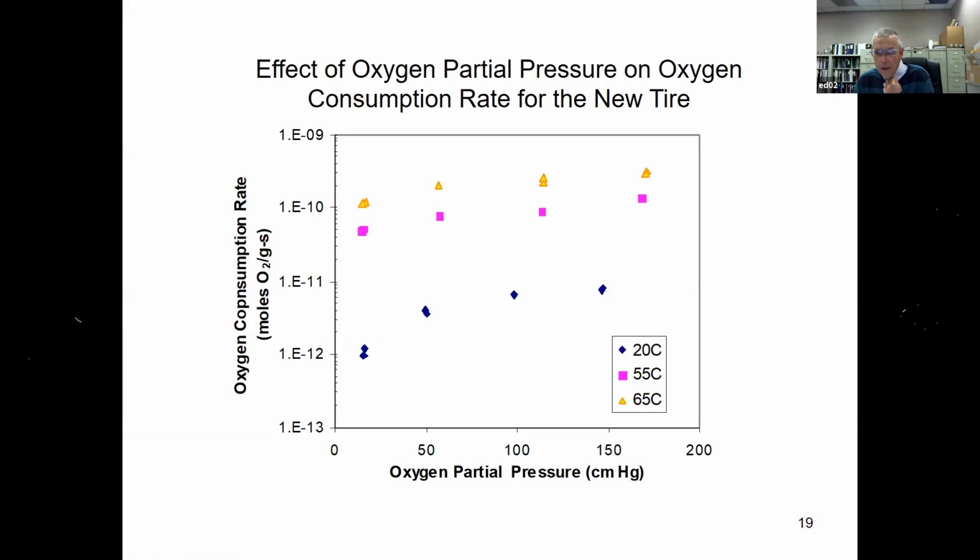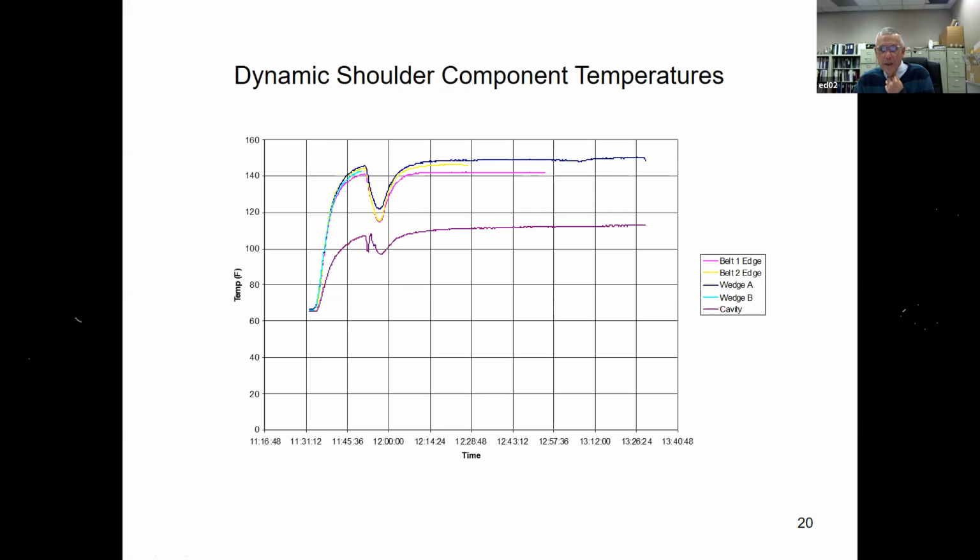Okay. And then the next thing we did is we thermocoupled a tire on a dynamometer and measured the internal running temperatures at various positions close to the belt edge of a running tire. Okay.